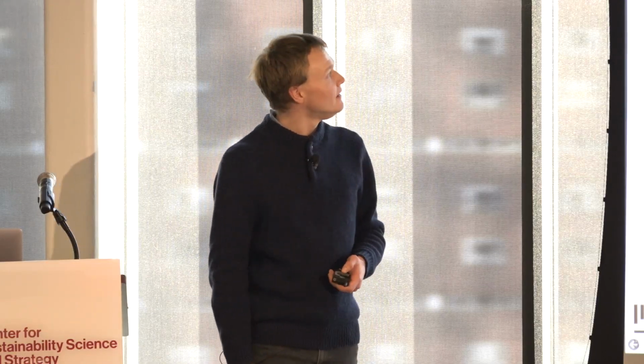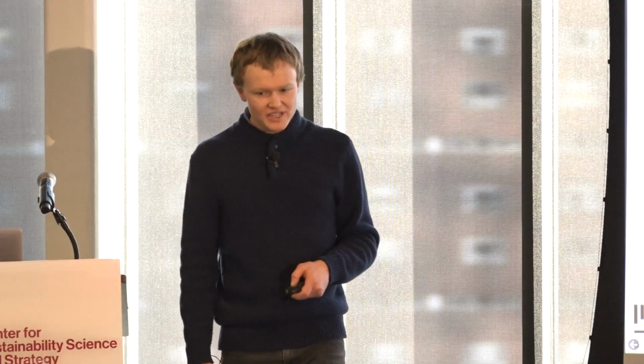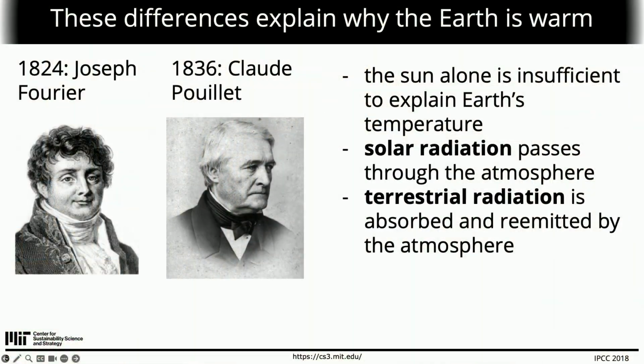It was then in the first half of the 1800s that two more French physicists, including Joseph Fourier of the Fourier transform, did a similar calculation to what I showed earlier on, basically trying to show that the sun alone is not enough to explain how warm the Earth is, and there must be something else happening, namely the atmosphere must be interacting with this terrestrial radiation in order to keep the Earth at habitable temperatures.